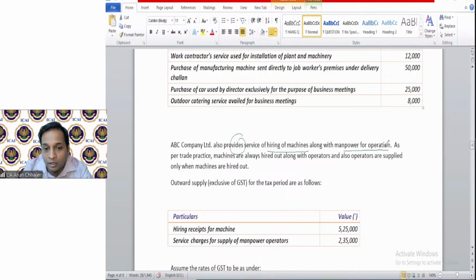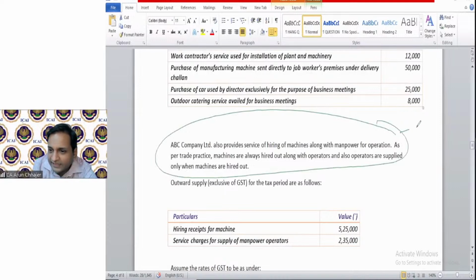So it means the operator would only be given if they are taking the machine. So if one is not taking the machine, the operator would not be given. Perfect. Any linking by this sentence? Any provision you would like to apply by reading this sentence?